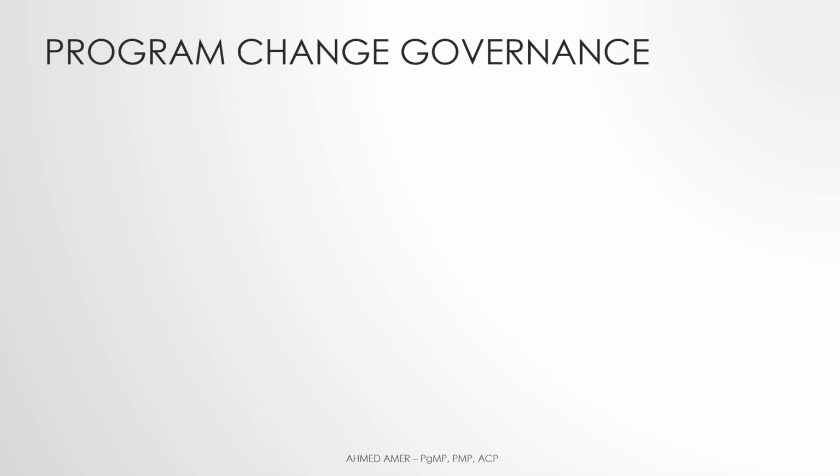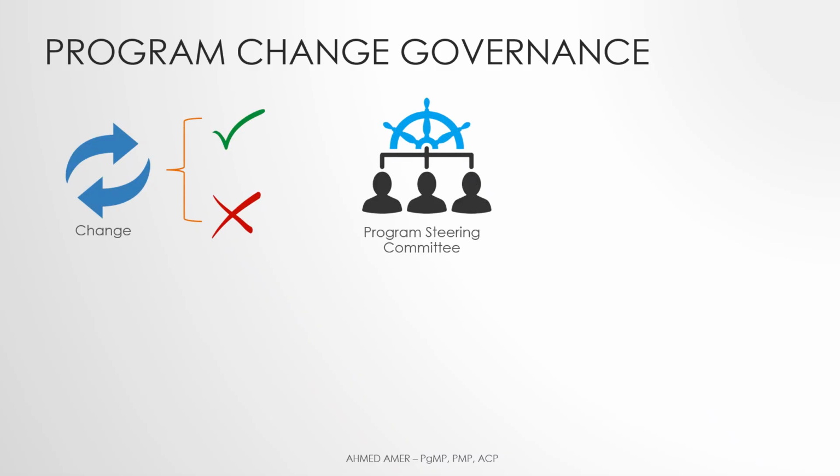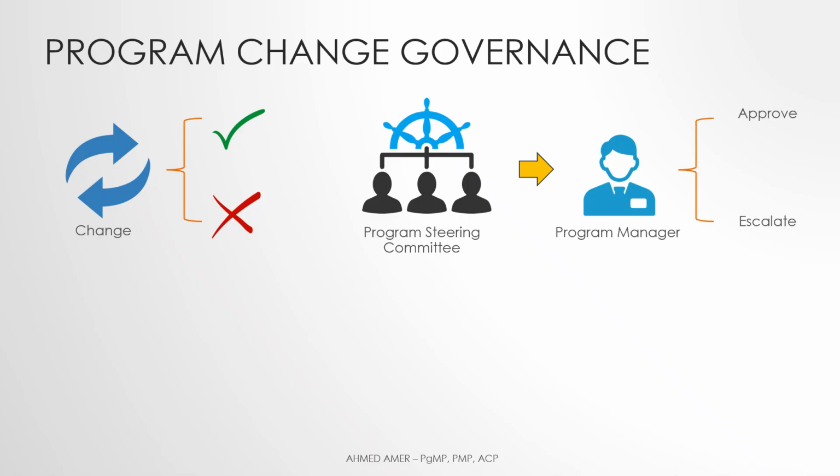The governance framework is key to deciding whether changes to the program can go ahead or not. The program steering committee or another appropriate body within the organization decides which types of changes the program manager can approve on their own and which ones are too important to require further discussion prior to approval.